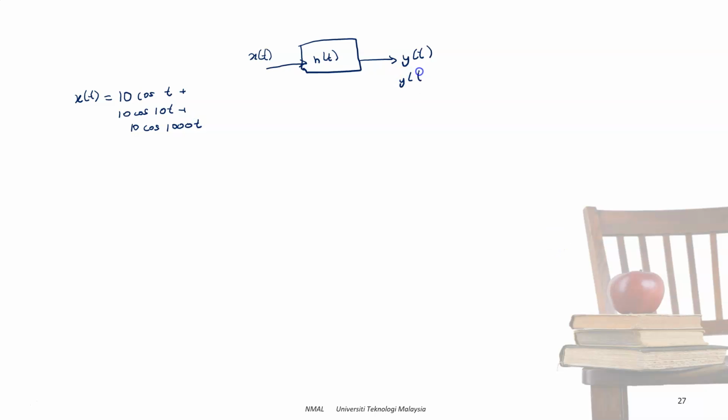And for y(t), what we have here is 30 cos(t + 90 degrees) plus 0.3 cos 10t plus 30 cos(1000t minus 90 degrees). Now we need to plot the amplitude and phase frequency response of h(t).